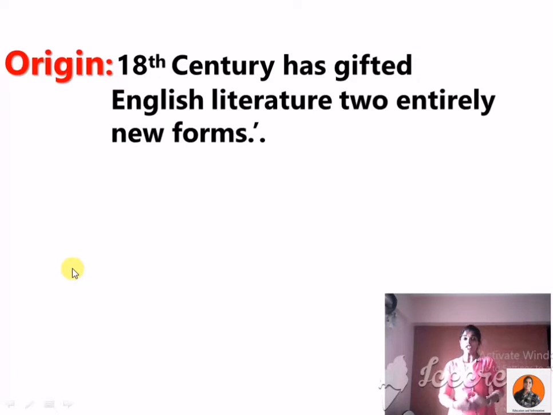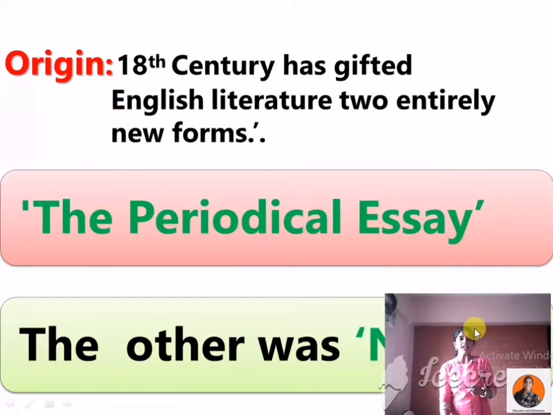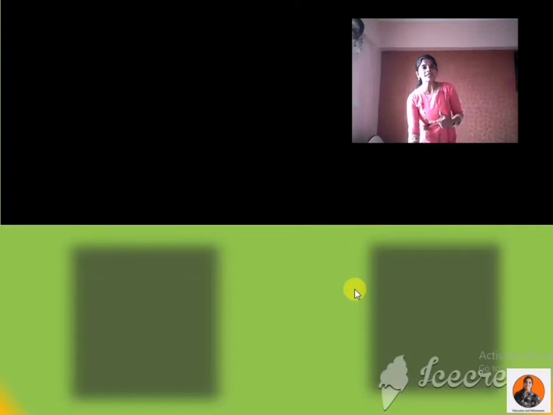Now origin of the novel. The 18th century has gifted English literature two entirely new forms. One is the periodic essay and the second one is the novel. And among them, the novel was widely popularized among readers in a very short period of time.